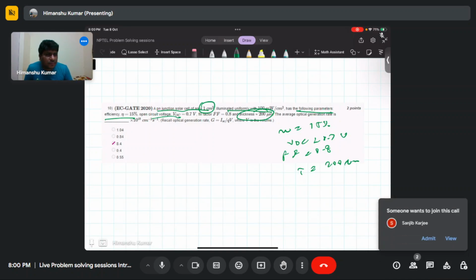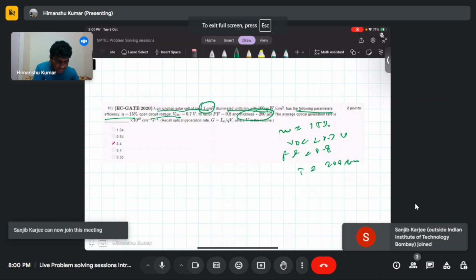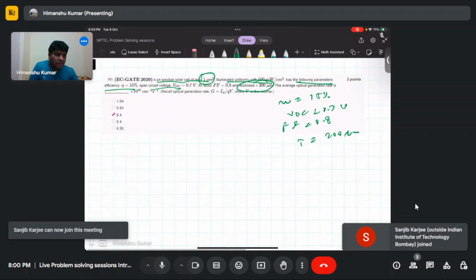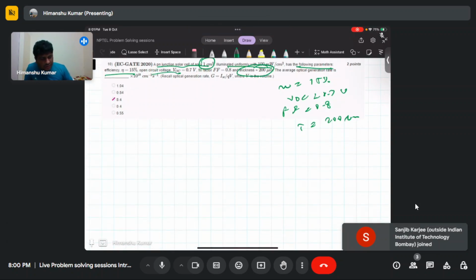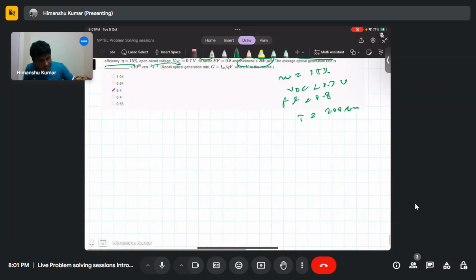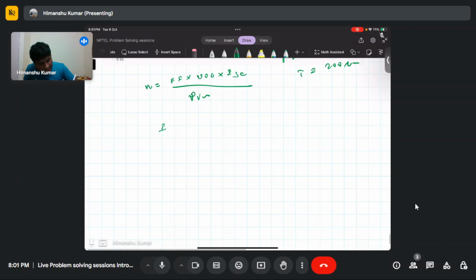And you can calculate your short circuit current. The efficiency is given. So efficiency is basically your fill factor times VOC times ISC, divided by the power input, and from the efficiency you can calculate the ISC current.